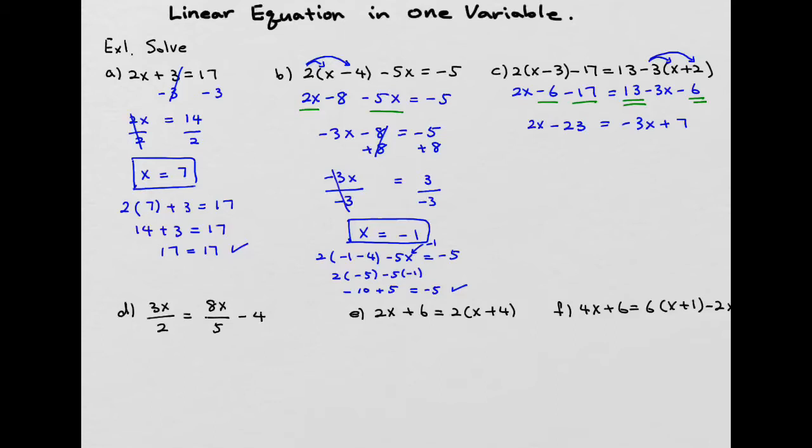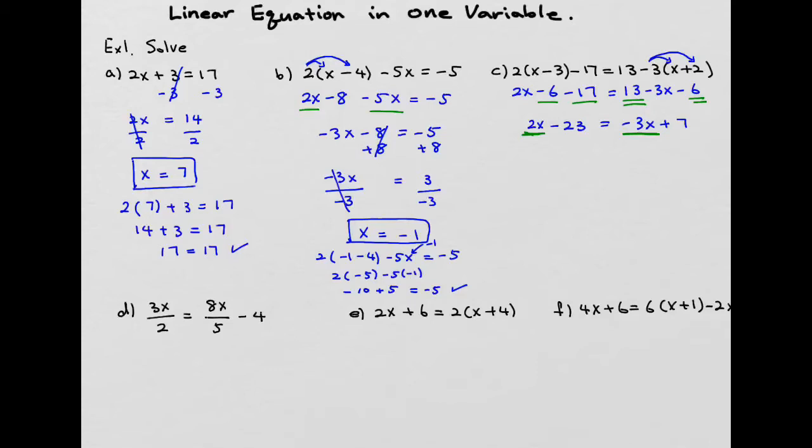So these two, you have like terms, the ones with the variable, right? So I want to put that onto the left side because usually you are more familiar with seeing the variable on the left side, right?